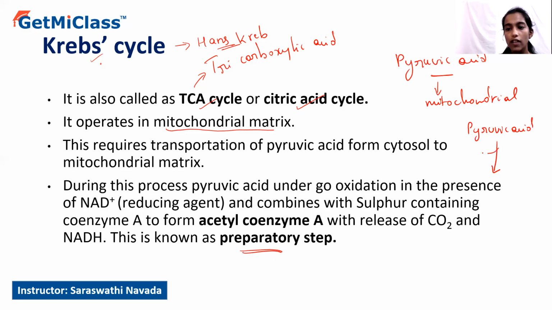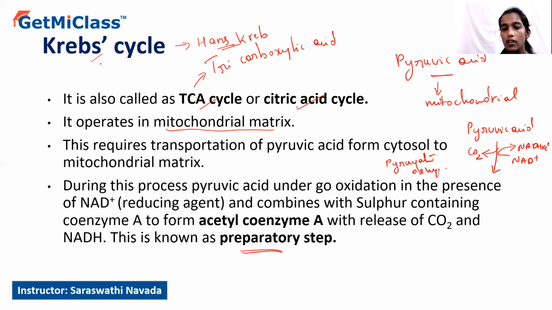That is, a molecule of carbon dioxide is removed, and NADH and H plus are formed upon reduction of NAD plus. Hydrogen ions are accepted from the pyruvic acid and carbon dioxide is removed from it, and this reaction is catalyzed by the enzyme pyruvate dehydrogenase.